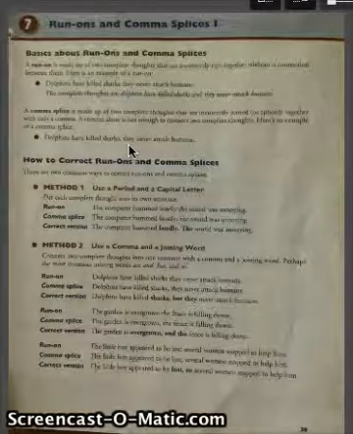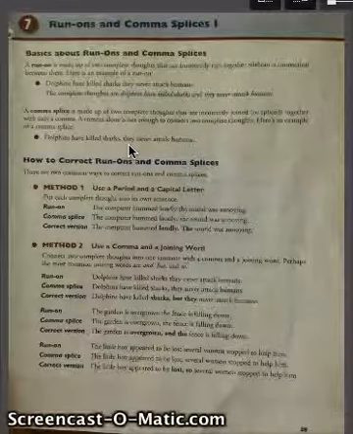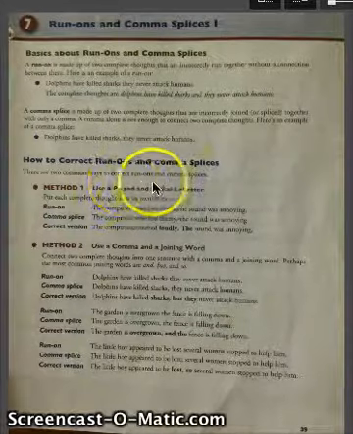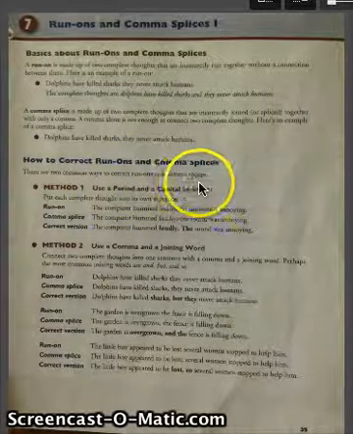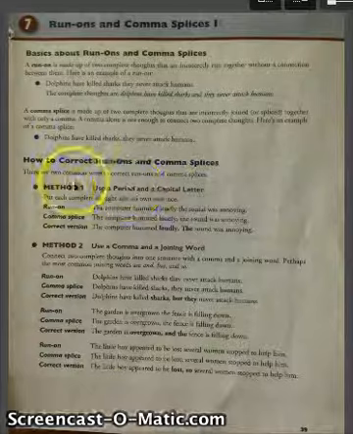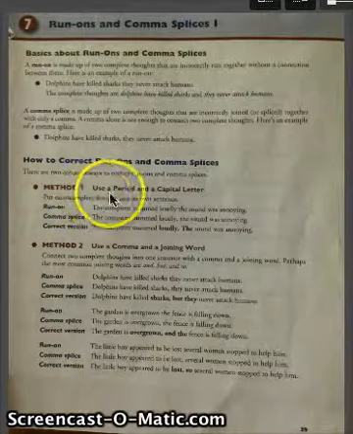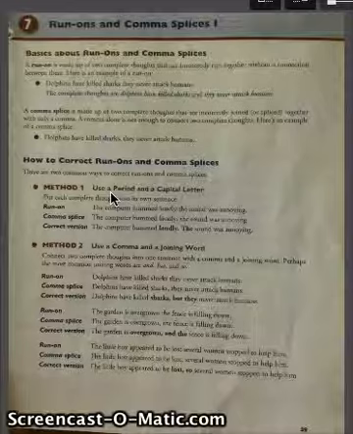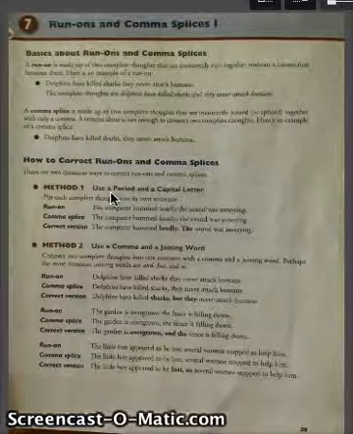How to correct run-ons and comma splices. Here are two common ways to correct run-ons and comma splices. Method 1. Use a period and a capital letter. Below are two examples, a run-on and a comma splice.